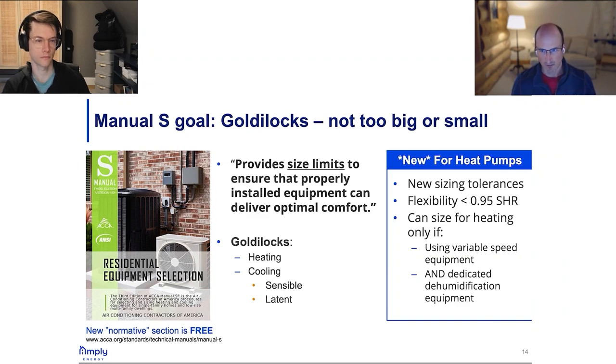There's some new sizing tolerances. There's a bunch of flexibility, both for dry climates as well as some scenarios when you're in a non-dry climate. And even if you've got a dedicated dehumidifier, you can actually size only using the heating characteristics, where in the past the guidance was to size based on cooling capacity, even for a heating-dominated climate.